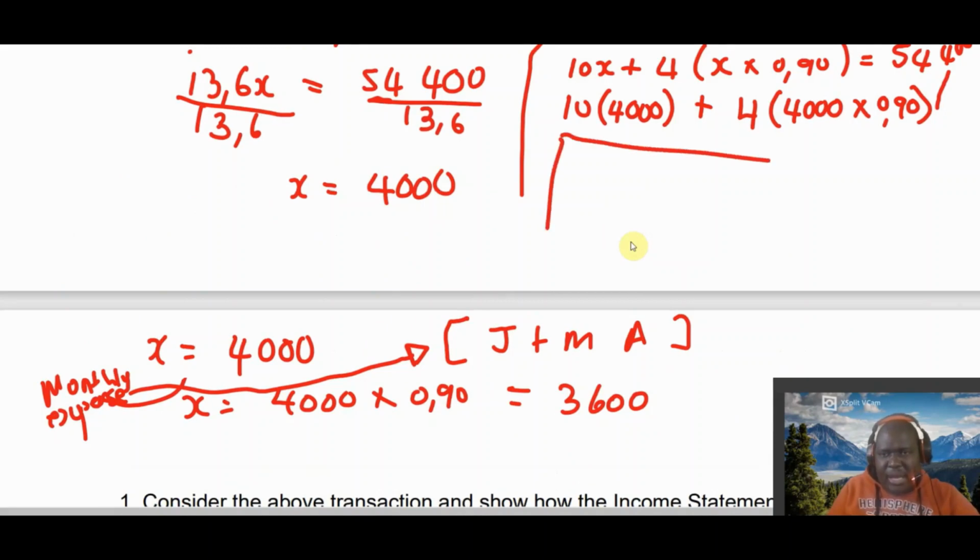mini calculation here. Remember, 4,000 was paid for 10 months, right?